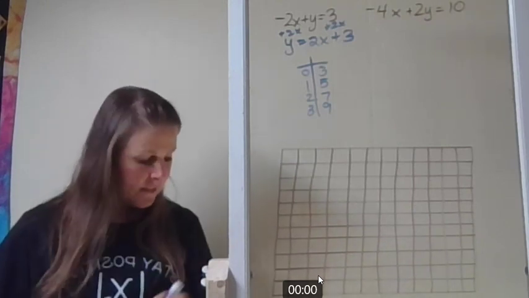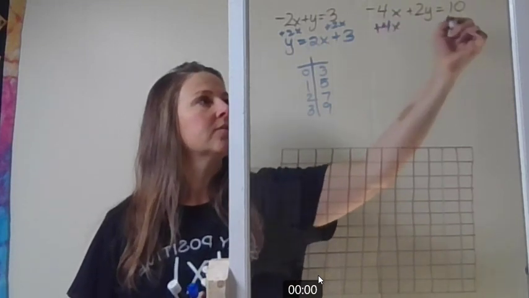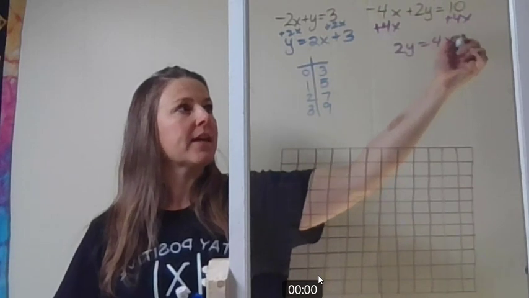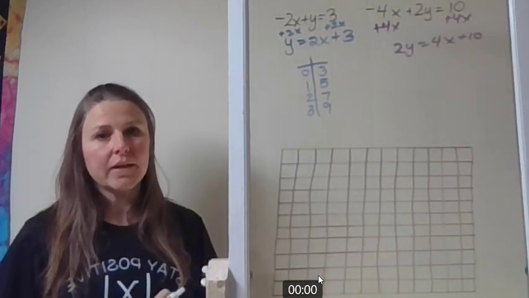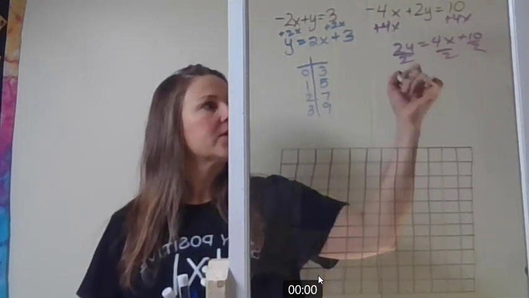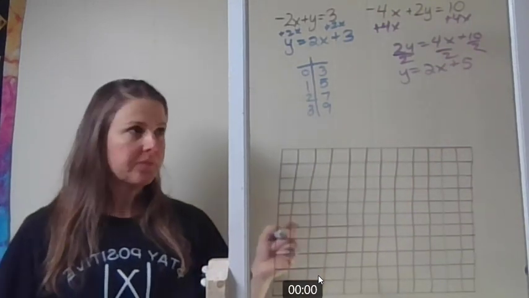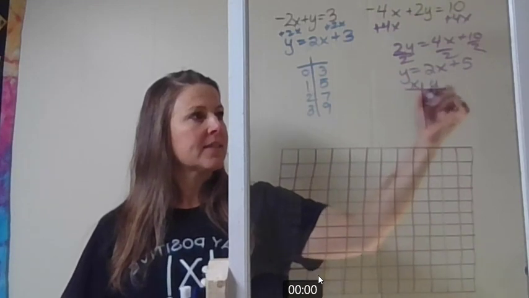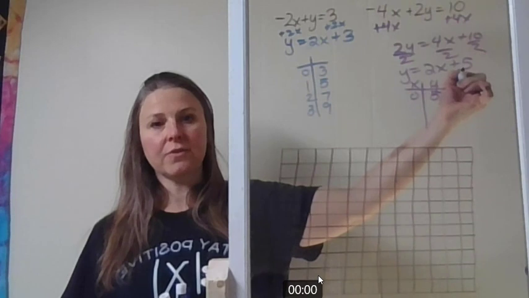Okay, the next equation over here is add 4x. So 2y is equal to 4x plus 10. And then to get the y alone, you would divide everything by 2. So y equals 2x plus 5. So for x, 0 is going to give you 5 as your answer for y.